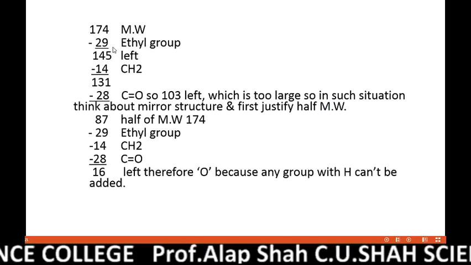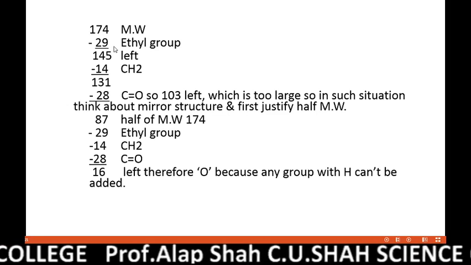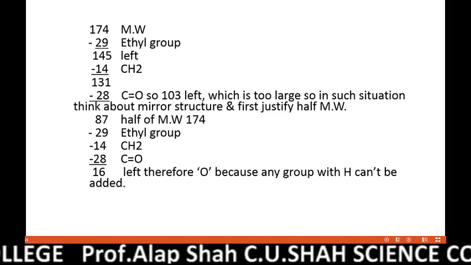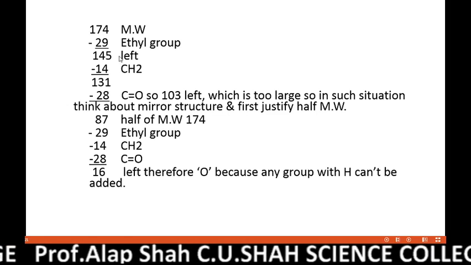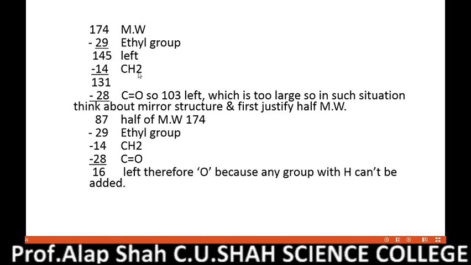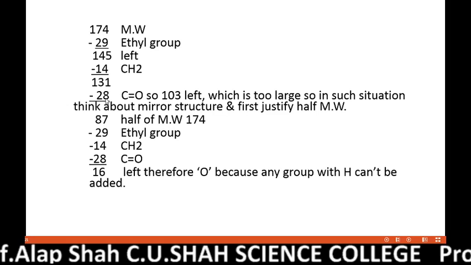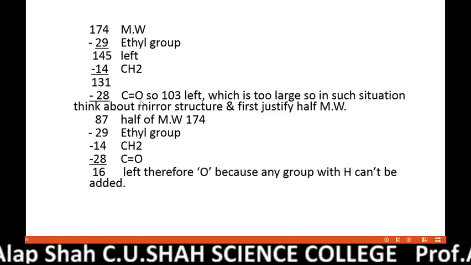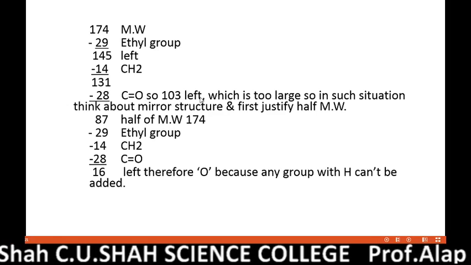Let me tell you friends, you have to show this subtraction exactly in the same manner in your final answer also. So let us first subtract 29 of the ethyl group, 145 left. Methylene group, signal B, 14, so 131 is left, and 28 of the carbonyl group that we have determined from the IR. So 103 left.